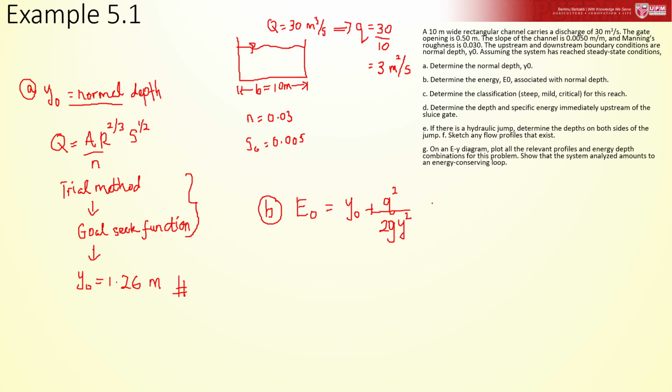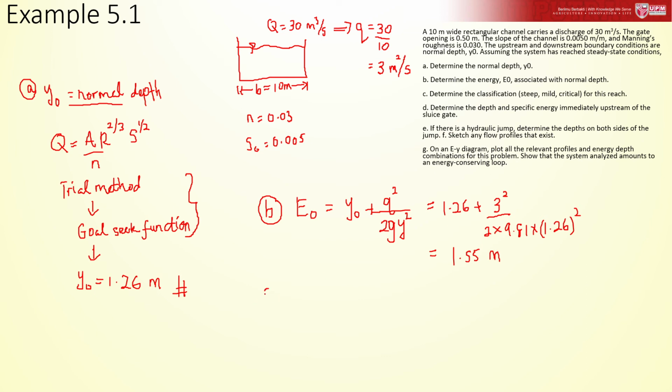So you fill in all the information: 1.26 plus 3 to the power of 2, divided by 2 multiplied by 9.81 multiplied by 1.26 to the power of 2. So the answer is 1.55 meter. Good, so this is straightforward.